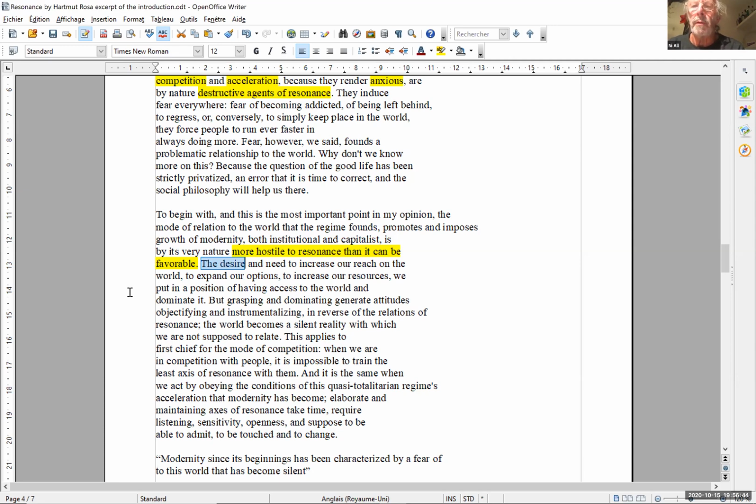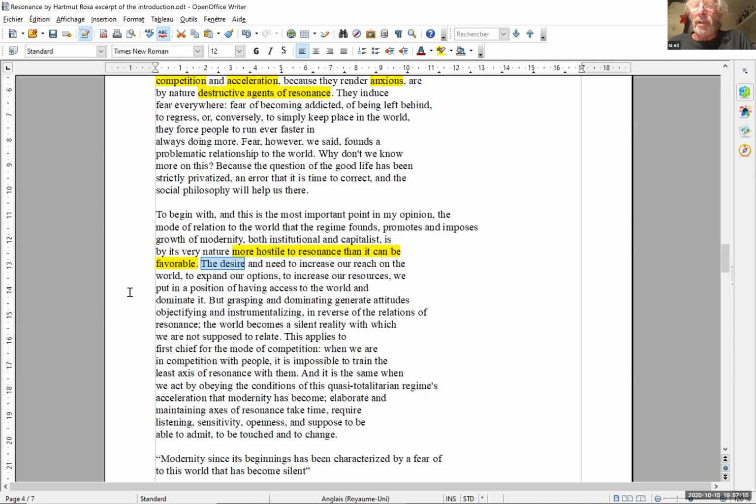Hostile to resonance. The desire and need to increase our reach on the world, to expand our options, to increase our resources, puts us in a position of having access to the world and dominating it. But grasping and dominating generates attitudes, objectifying and instrumentalizing, in reverse of the relations to resonance. The world becomes a silent reality with which we are not supposed to relate. This applies to the first chief, the mode of competition.